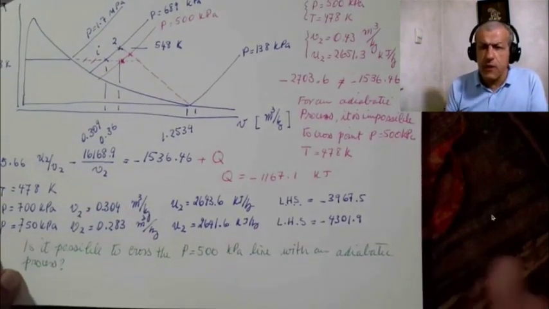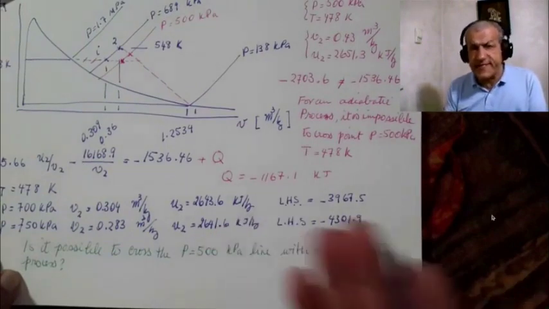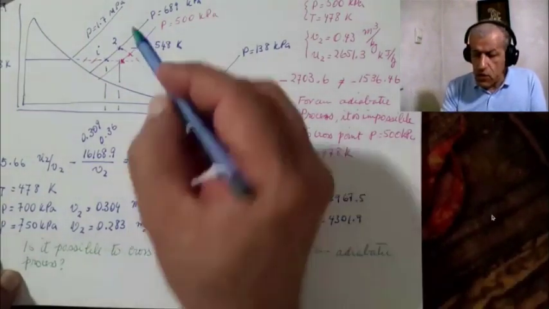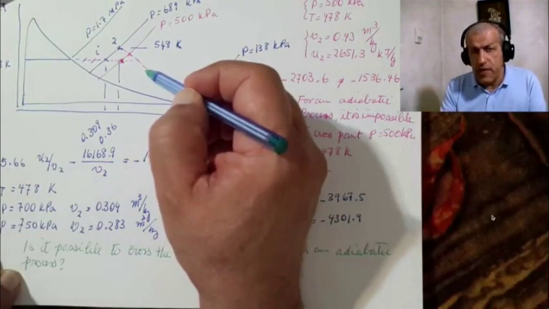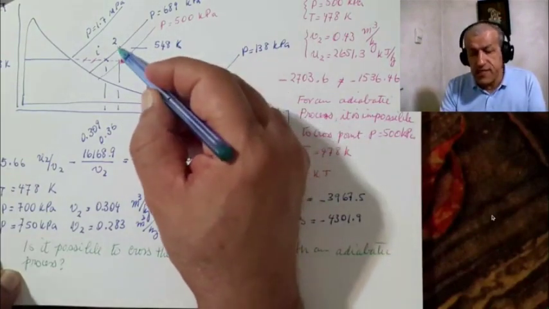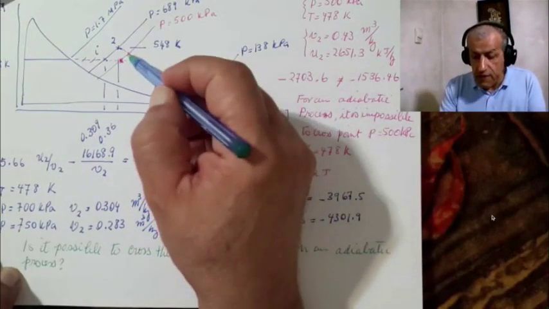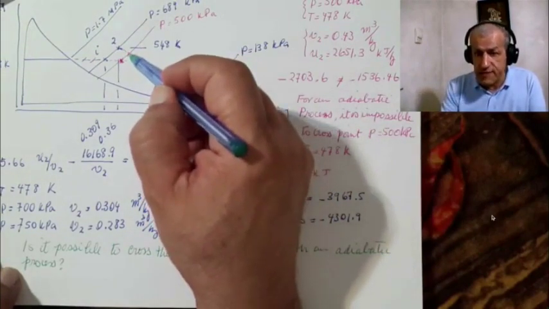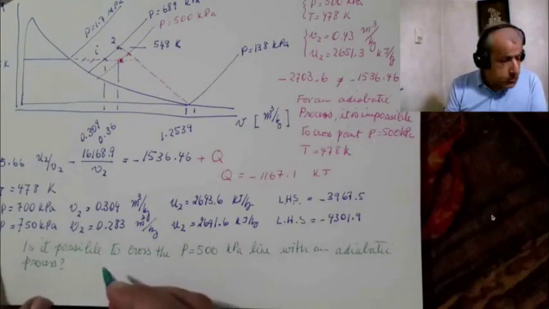And the answer is, why not? Just the same as we could do an adiabatic process and reach the 689 kilopascals, somewhere along the way we should have crossed the 500 kilopascals. And that's what we did.